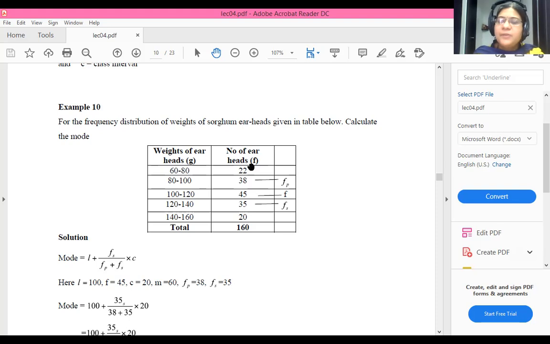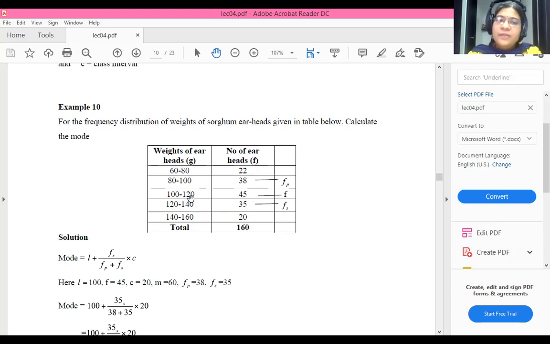Now if you observe the frequency, 45 is the highest frequency, which belongs to the class 100 to 120. So the modal class in this case is 100 to 120. You have to write in your notebook, the modal class is 100 to 120.